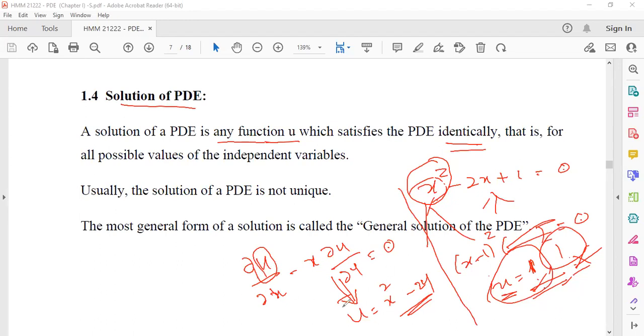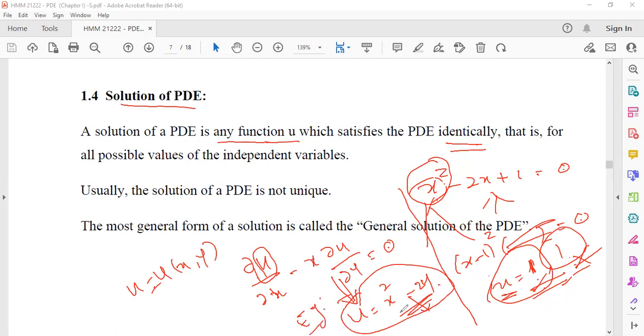Similarly, this is a partial differential equation, so the solution is a function of the variables x comma y. For example, this is not a solution for this one; I'm just saying.